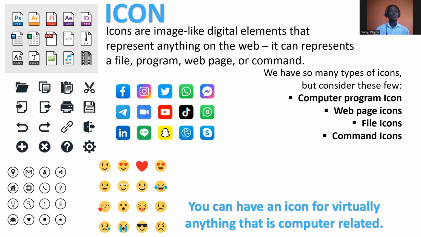Then we also have the print, as you can see, the printer icon. You click on it, that means you want to what? You want to print. Then we have this one that is undo, redo, help, settings. So these are what we call command icons.